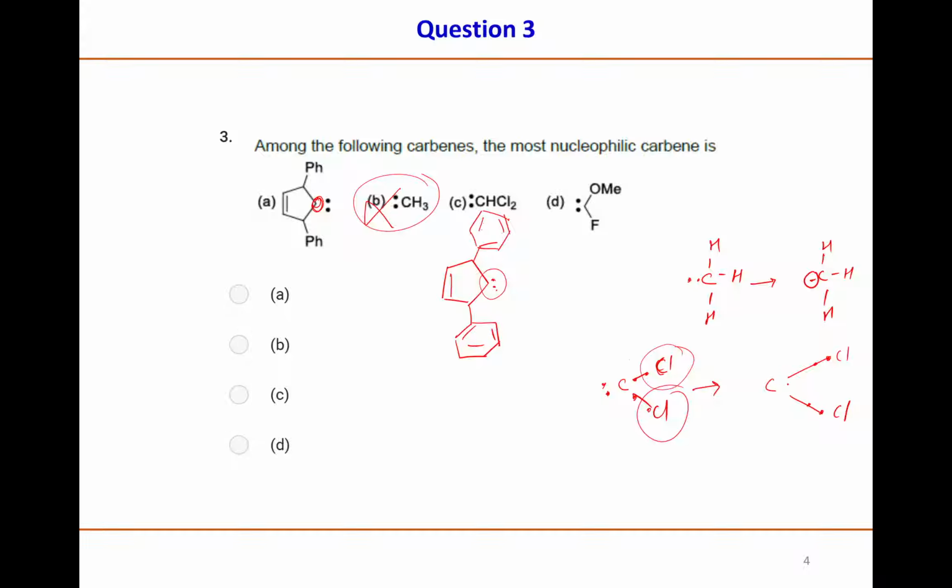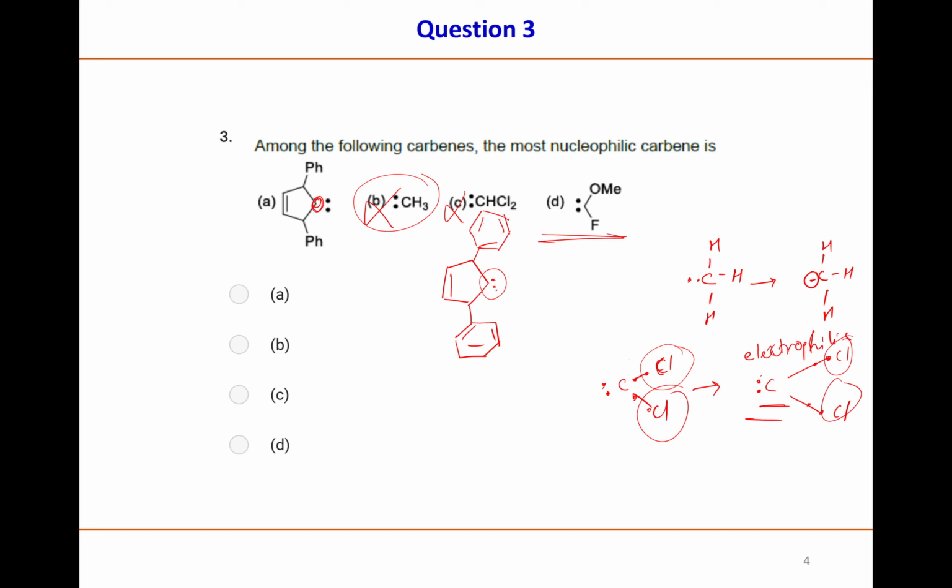Because of this electron shift towards the chlorine side, the nucleophilicity of this carbene will decrease. The carbon is not surrounded by electrons because of the pull. Withdrawing groups always pull the electron, making this carbon electrophilic, not nucleophilic. So that's why this option is also eliminated.